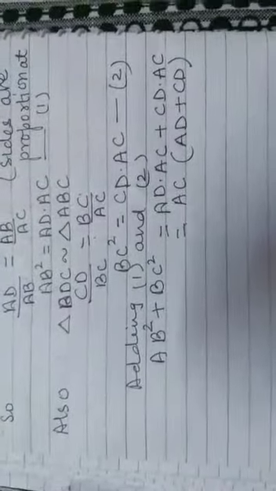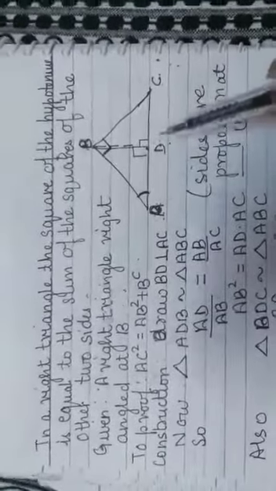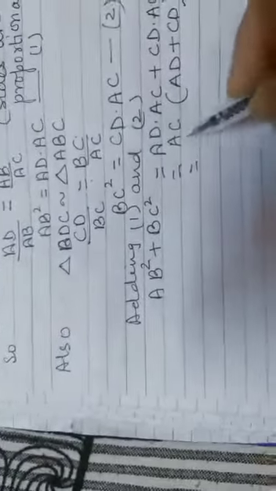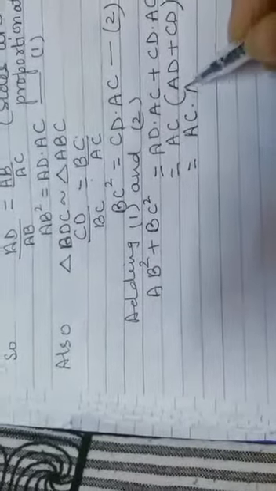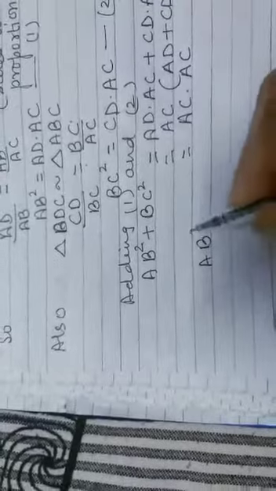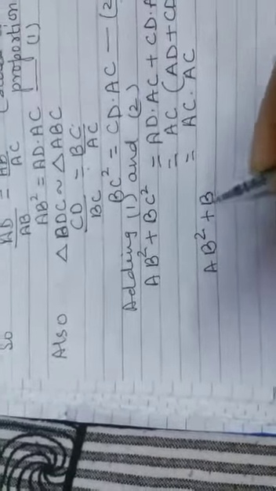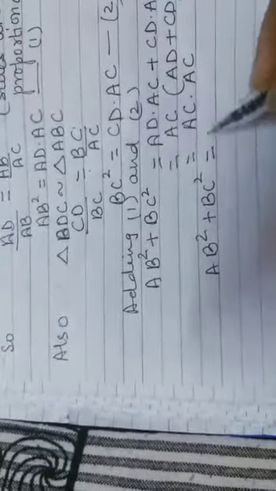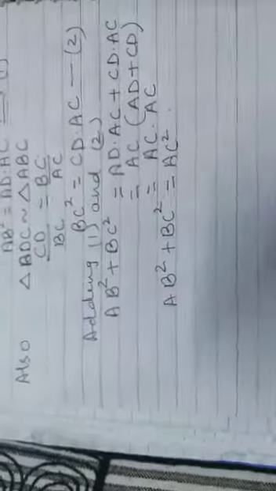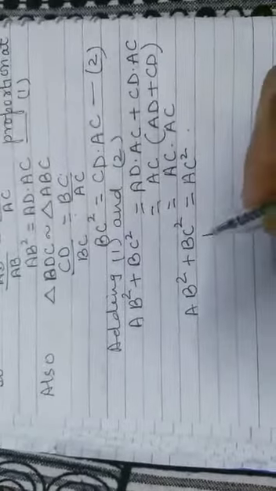Is it clear to you? Now what is AD plus CD? See in the figure. AD plus DC means AC. So it will be AC into AC. So we got AB square plus BC square is equal to AC square. Hence, it is proved.